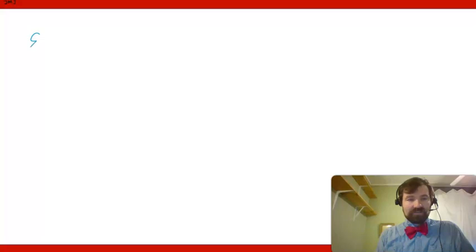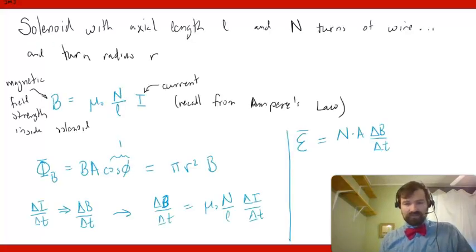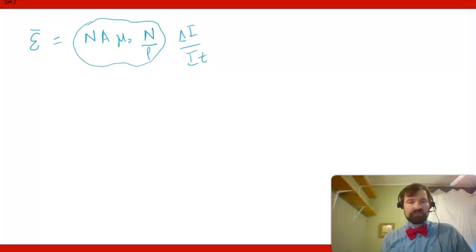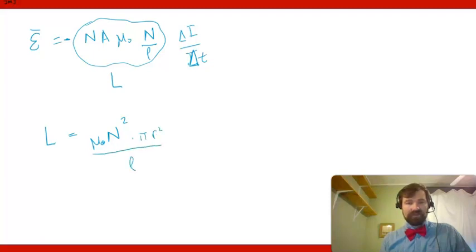It follows that this EMF, if we combine this equation with this equation, will look like N times A times mu naught times N over L, so N divided by L, times delta I by delta T. Now we can combine these terms right here to be the self-induction, because what's left over is the delta I over, whoops, this should say delta T. And so L, if we plug everything in, looks like mu naught times N squared, the number of turns on the coil squared, times pi r squared divided by length.